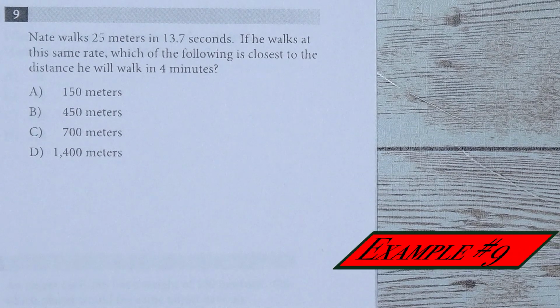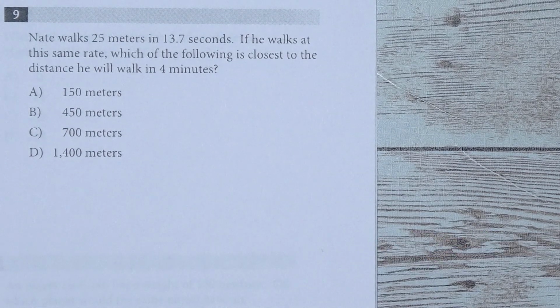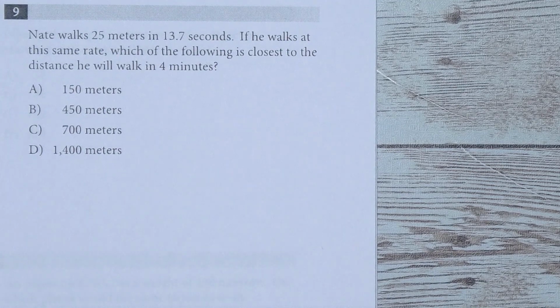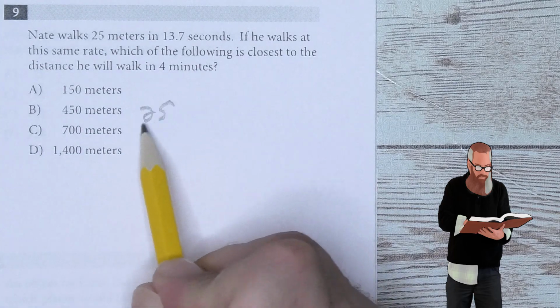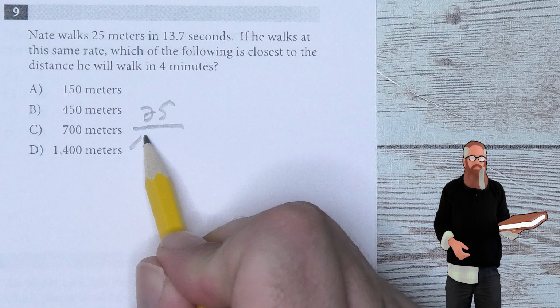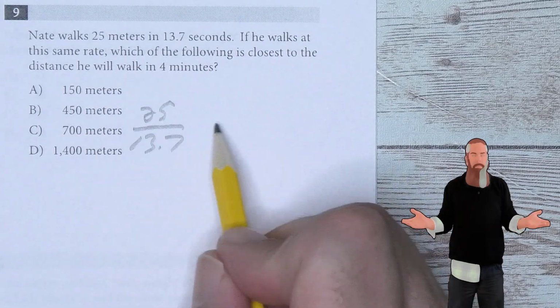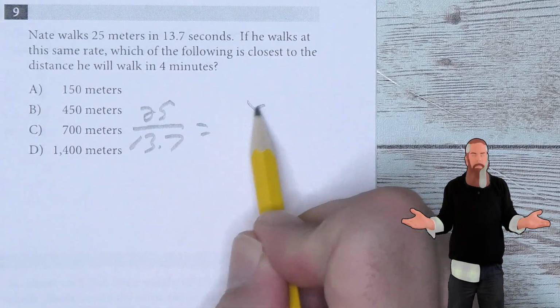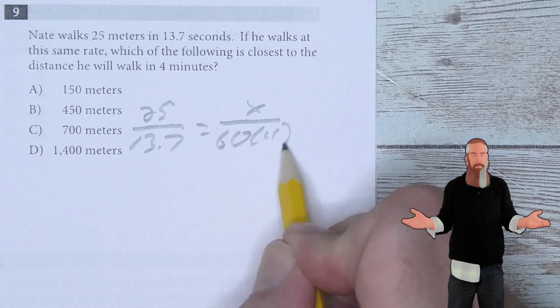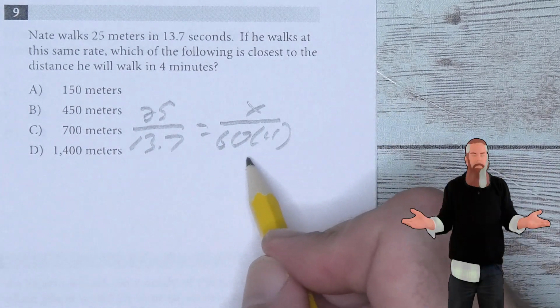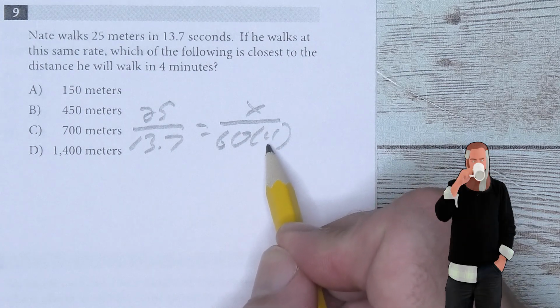Nate walks 25 meters in 13.7 seconds. If he walks at the same rate, which of the following is the closest to the distance he'll walk in 4 minutes? So we know that distance over time is going to give us our rate. Now this is going to be equal to x divided by 60 times 4, because we're converting minutes into seconds.